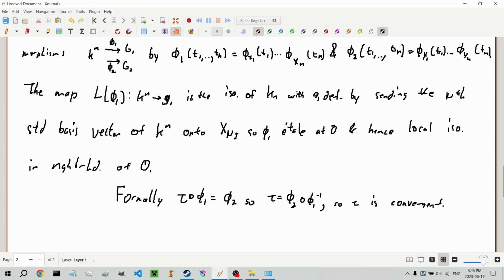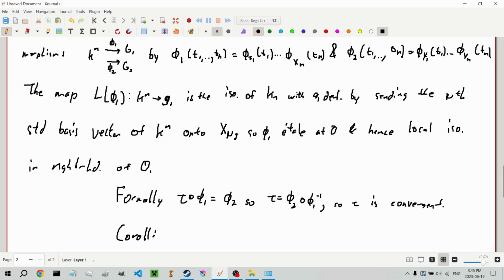Alright, this brings us to a couple corollaries. First off, let G_1 and G_2 be analytic group chunks such that their algebras are isomorphic.